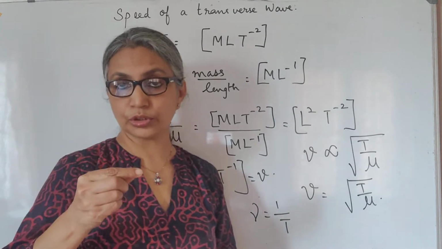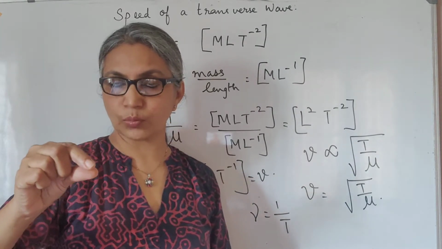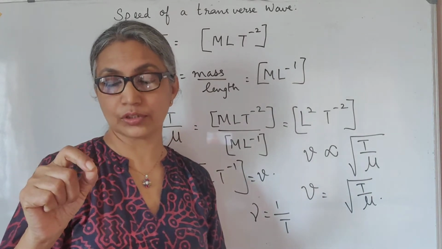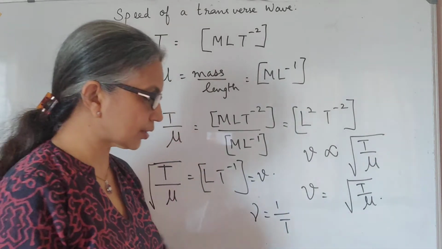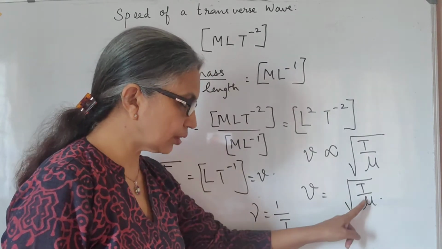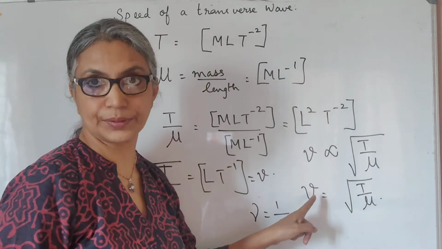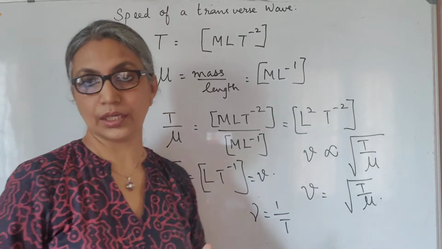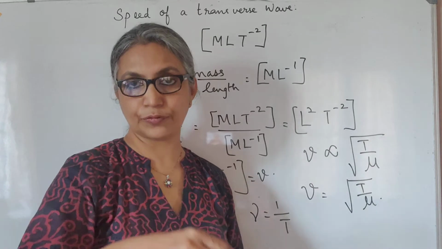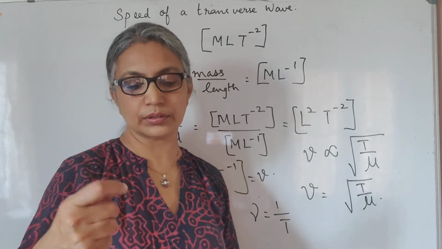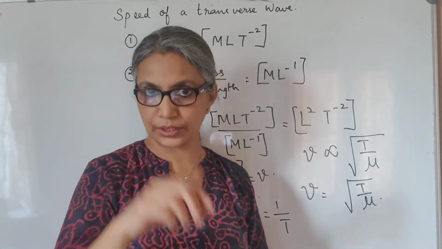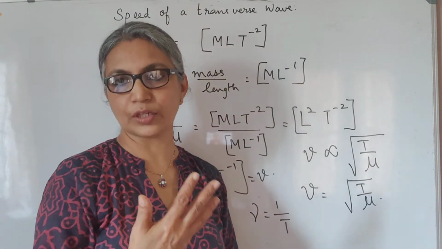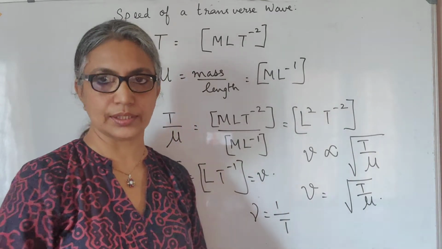In the same way, you would have noticed there are different strings of different thickness. The thinnest string has the least mass per unit length, and the lesser the mass per unit length, the greater will be the velocity. That means lesser will be the time period and greater the frequency. So the frequency of the wave will be the largest on that thinner string.